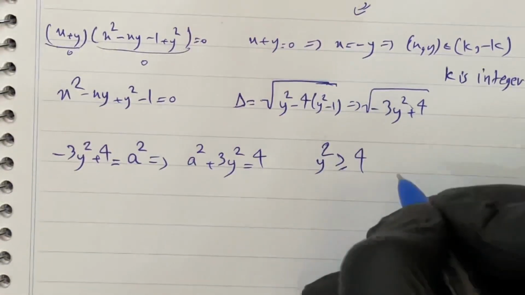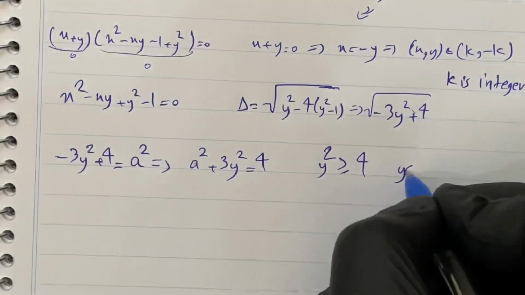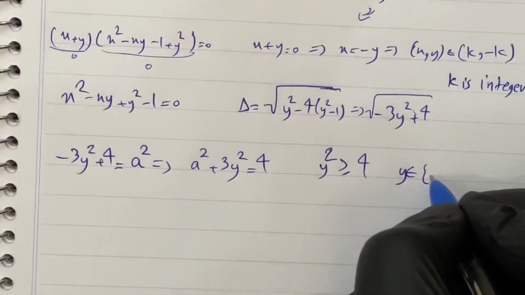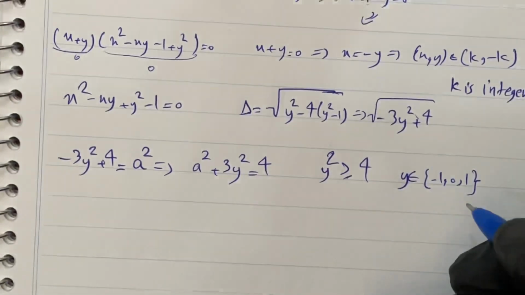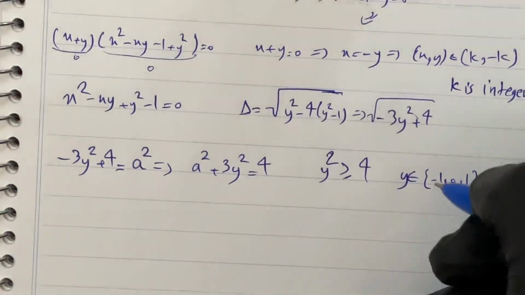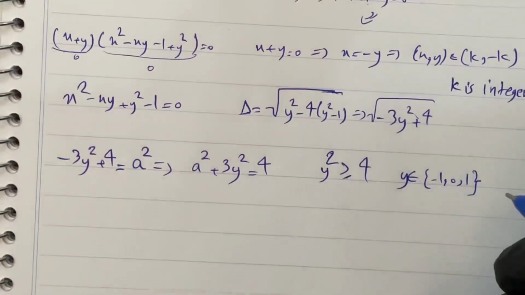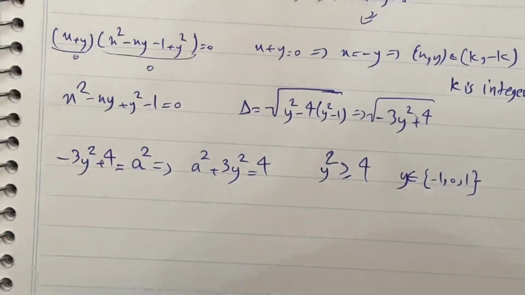So y can only be negative 1, 0, and 1, because it should only have answers in integers. Let's do a quick case check.